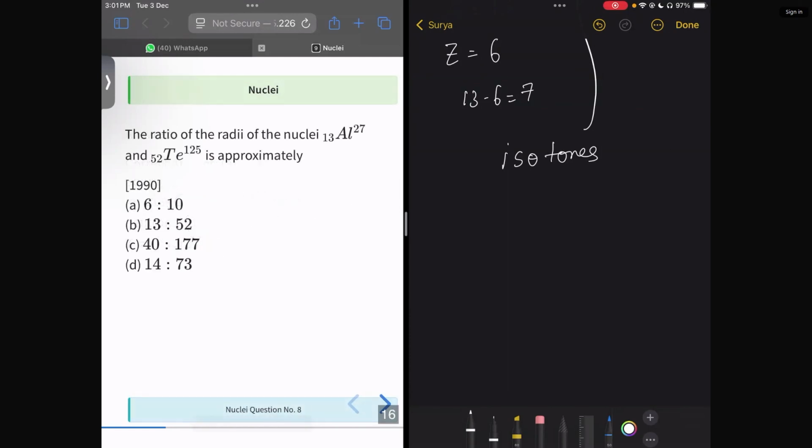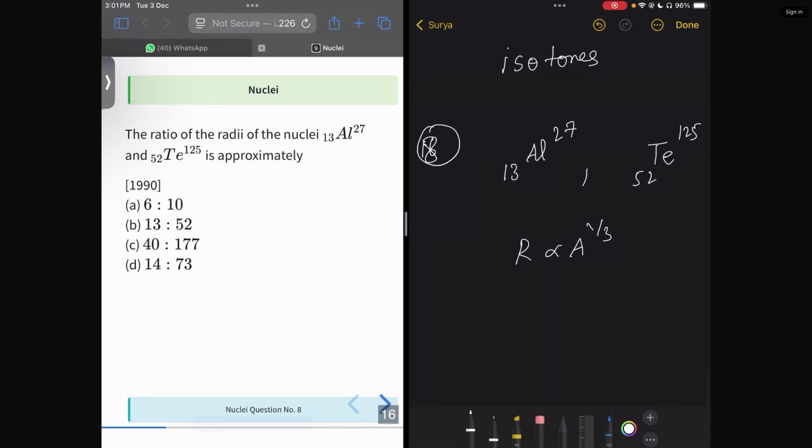So next question. Eighth question. The ratio of the radii of the nuclei aluminium 27 (13) and tellurium 125 (52). So they are asking the ratio of the radii of the nuclei. Already we know R is proportional to mass number whole power 1 by 3. For aluminium, the mass number will be 27, right? Radius of aluminium is proportional to 27 whole power 1 by 3.